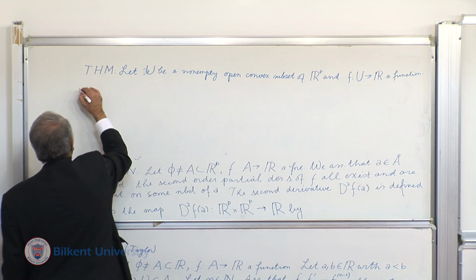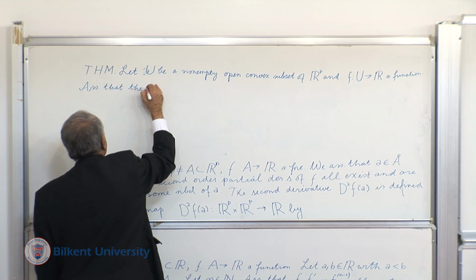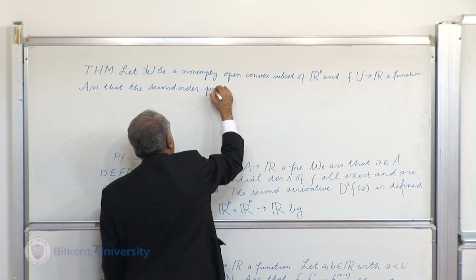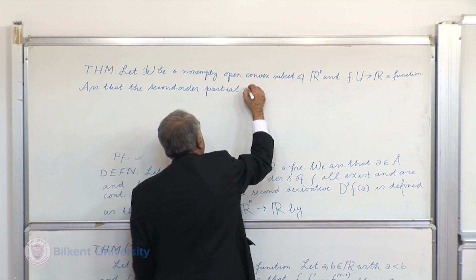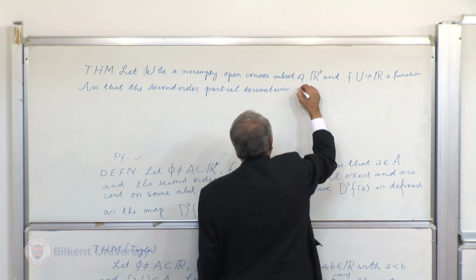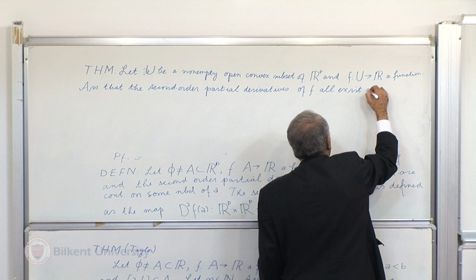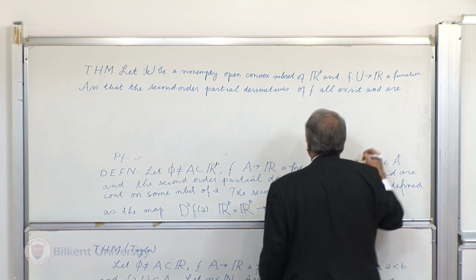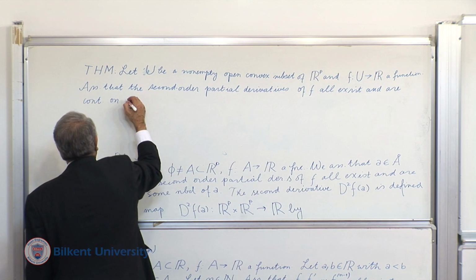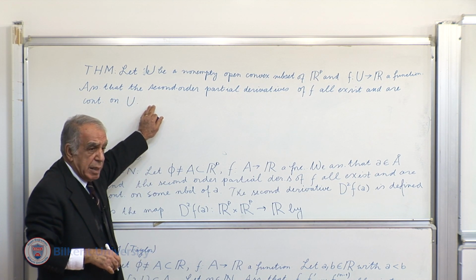Assume that the second order partial derivatives of f all exist and are continuous on U. But this suffices to make the Hessian matrix symmetric.